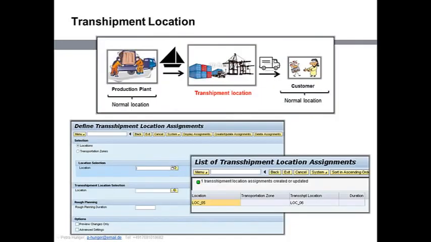So now let's come to the transshipment location. I announced it already: a transshipment location is where you change the mode of transport. So you can see here a production plant, which can be a normal location.